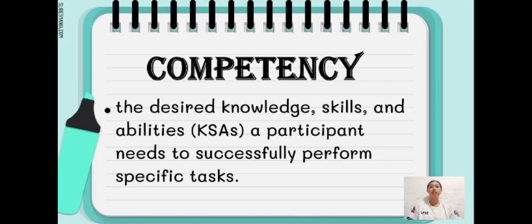So these KSAs encompass both theoretical understanding, which is knowledge, practical proficiencies, which is skills, and personal or inherent qualities, which is the abilities that are essential for achieving success in the given task. So identifying and acquiring these KSAs is crucial. It is important for effective task execution and overall job performance in various contexts such as education, employment, or training programs.